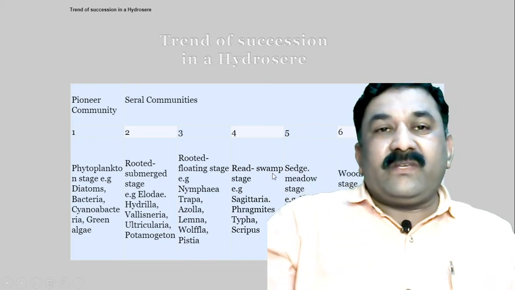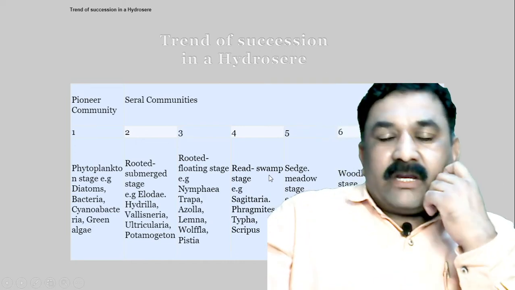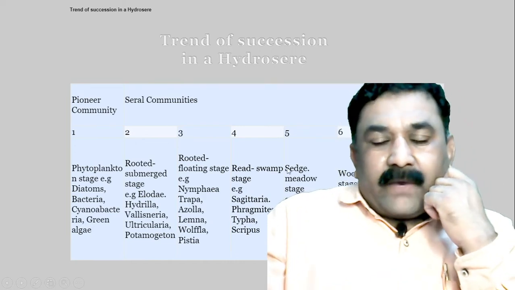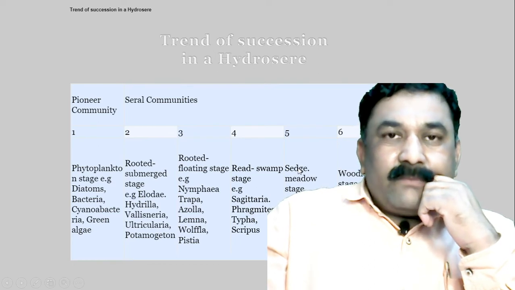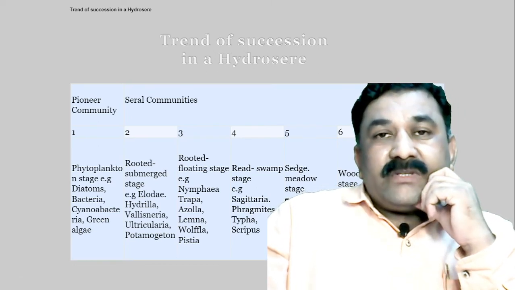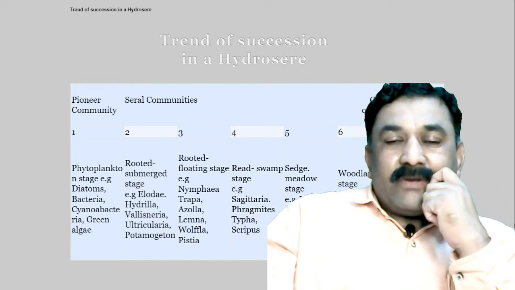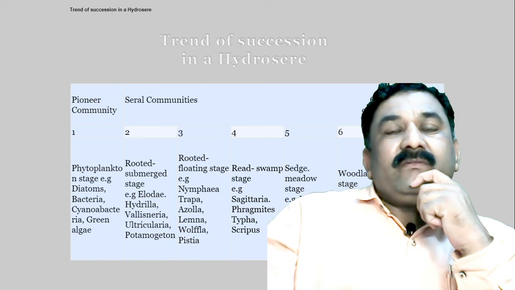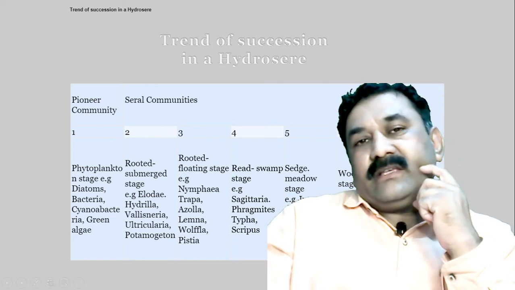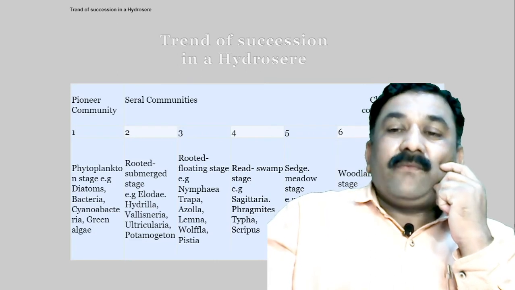Reed swamp stage, in which kind of a higher level hydrophytes will be developed. And finally, this is the marshy meadow stage. Fifth serial community is the marshy meadow stage, wherein further level of organisms, plants are developed. And last one is woodland, and finally it is the climax community, which is nothing but the forest stage.